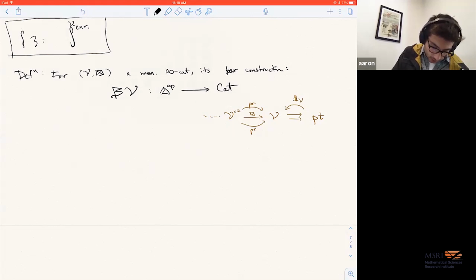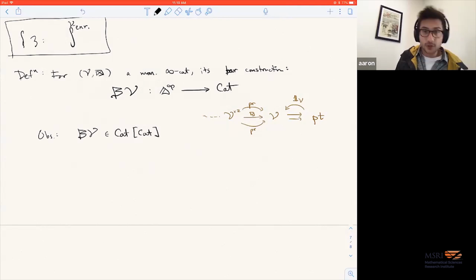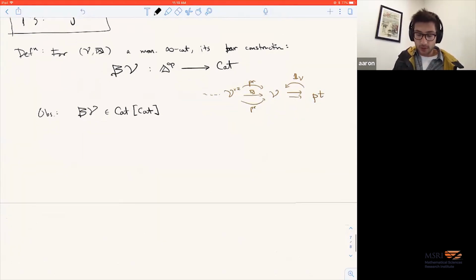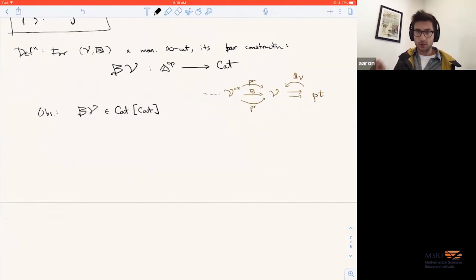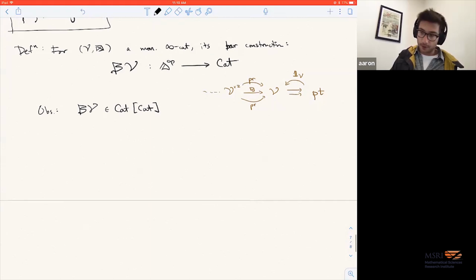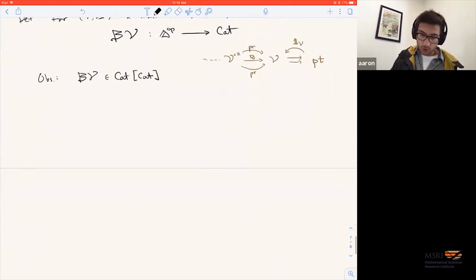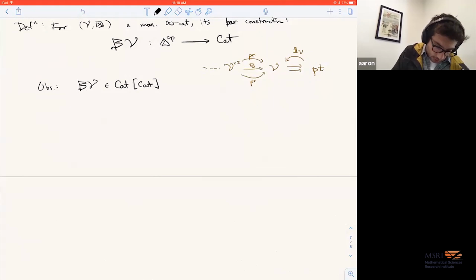Let me observe for future use that this BV is actually a category object in infinity categories. And this is going to be the reason that I used just an arbitrary Cartesian symmetric monoidal X earlier. So here's one other definition of a category object in CAT.